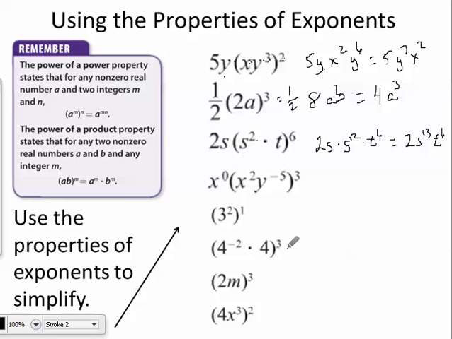Interesting one down here. I just saw it. Let me do this one right here. I've got 4 to the first and 4 to the second inside of parentheses. I'm going to do that first, and that's going to give me a 4 to the negative first. And I'm cubing that. This will be 4 to the negative 3. By the way, what does the negative sign mean? That means it's 1 over 4 to the third.